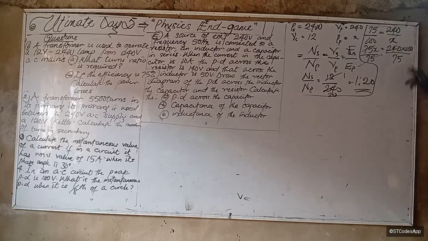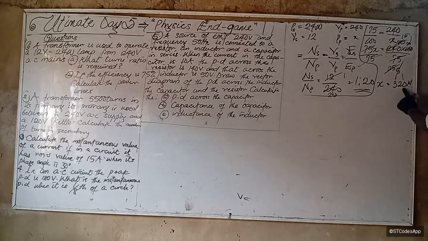So simplifying, 3x equals 96, so x equals 32. So that's 32 watts.